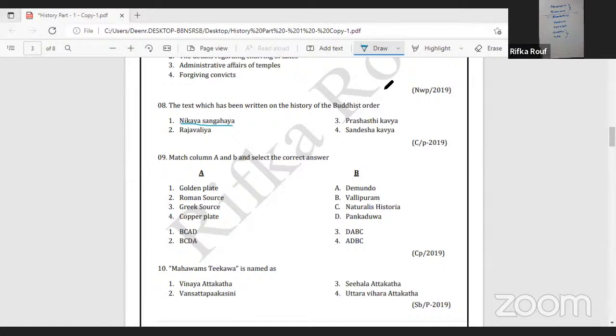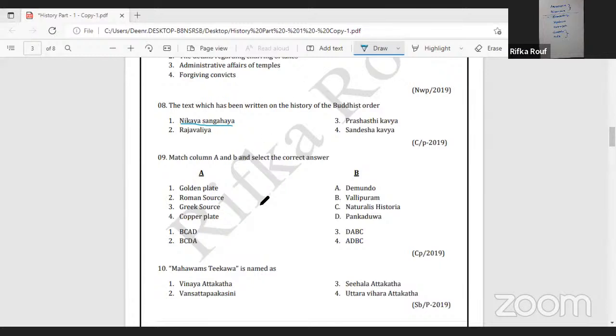Prashasti Kavya, Sandesha Kavya and Hatan Kavya are the different poems written regarding the incidents of that time. So the answer is the Nikaya Sangrahaya.